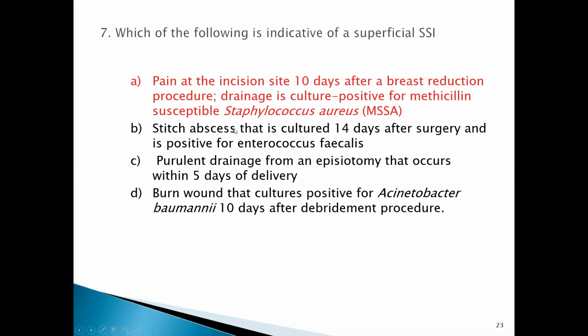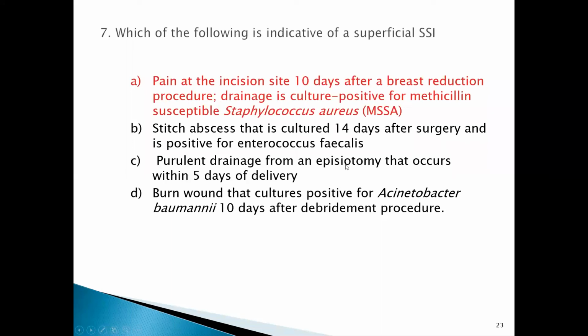The stitch abscess isn't part of the procedure, which, they don't say what the procedure was. They say it's a stitch abscess, and you have a positive culture, but because they don't say what the procedure was and it's just part of the stitch, it's not superficial surgical site infection.